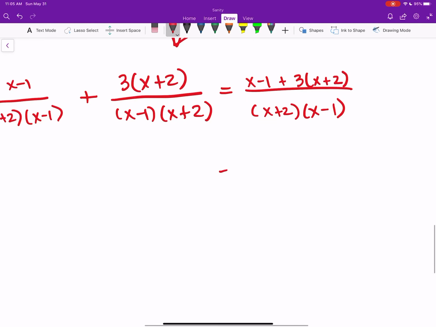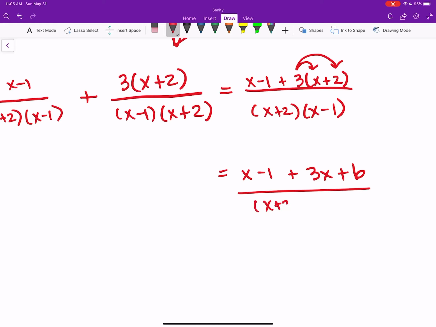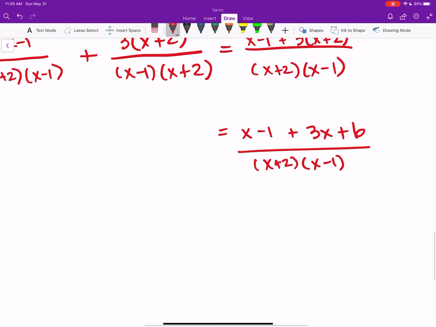So simplifying the top, let's just distribute that 3 to both of these terms in the parentheses. So that's going to give me x minus 1 plus 3x plus 6 after distributing, still over x plus 2 times x minus 1. And now we can finish combining our like terms in the numerator.